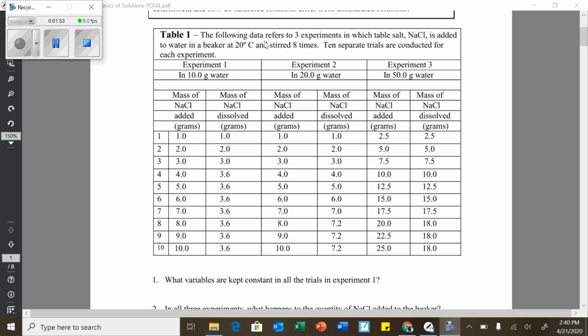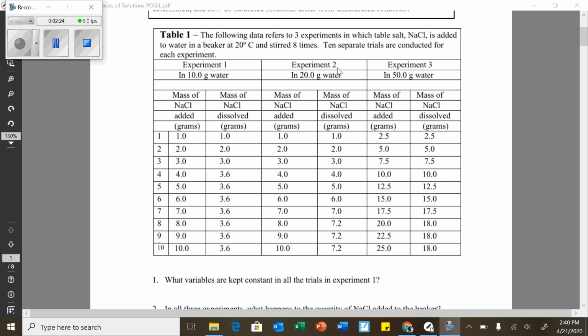What you're doing is you're taking some table salt and you're adding it to water at 20 degrees Celsius, and you're stirring it the same number of times. And then we did this 3 different times, if you will. We had a first experiment, second experiment, third experiment. In experiment number 1, we had just 10 grams of water, and we were adding salt 1 gram at a time and watching it dissolve.